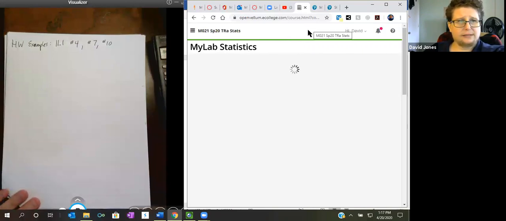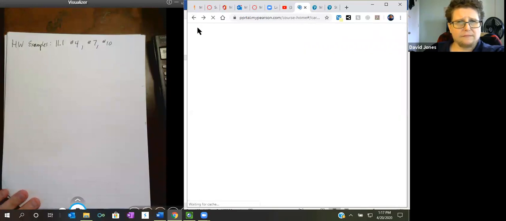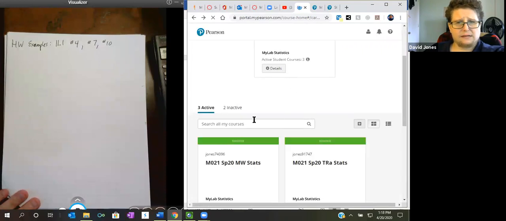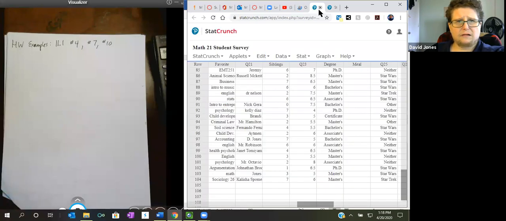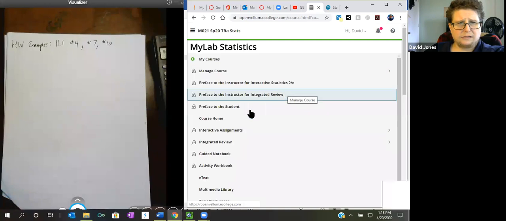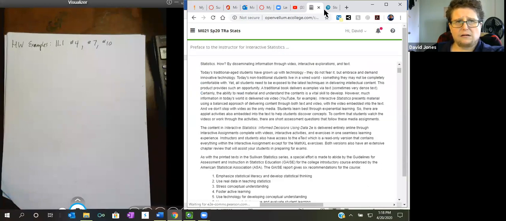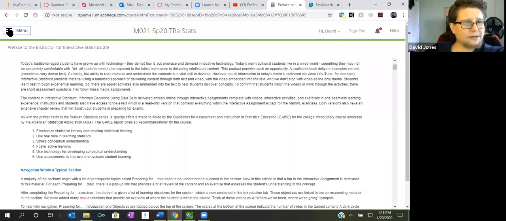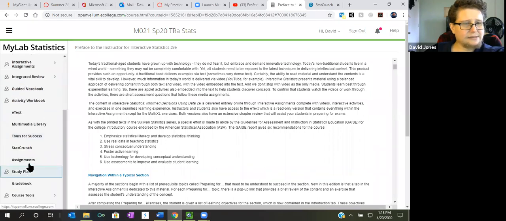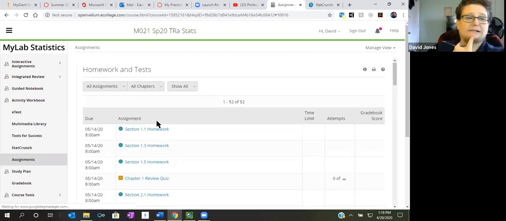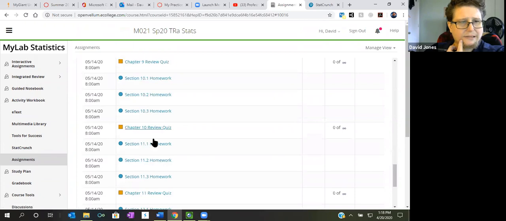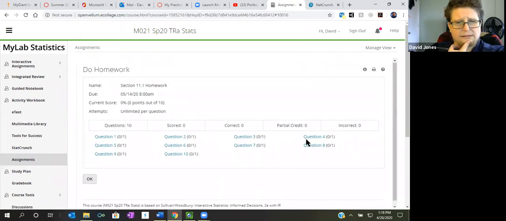You don't want to load? Make it bigger so I can see it better. There we go. Once I get into the assignment, it's a little bit easier. We're going to look at 11.1. Let's start with number 4.